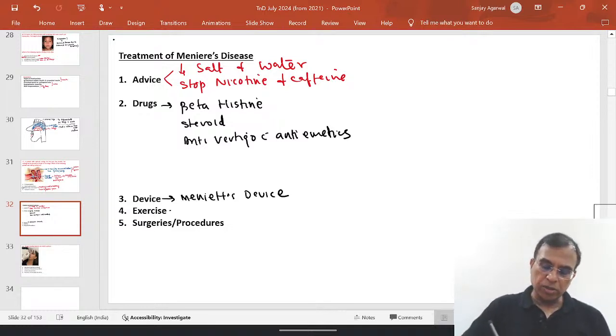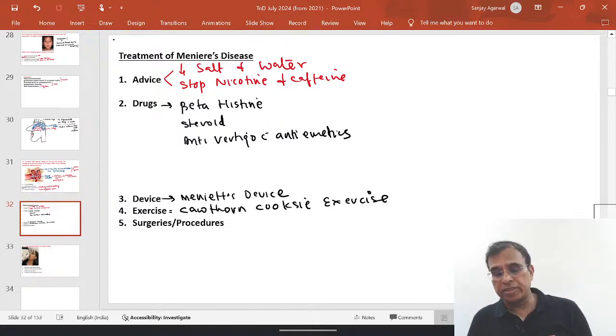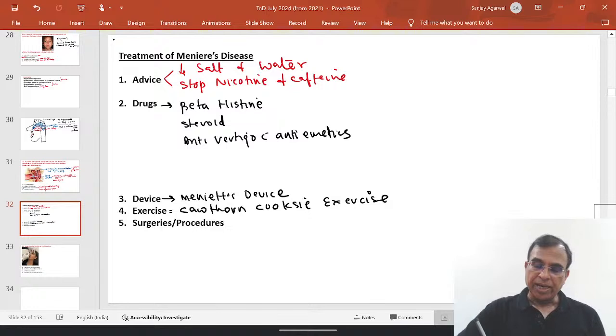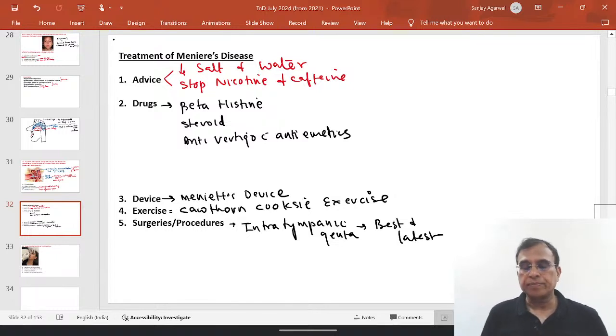The exercise called Cawthorne-Cooksey exercise. The name of the exercise that is done for Meniere's disease is called Cawthorne-Cooksey exercise. And many procedures, one of the procedures is this one, intratympanic gentamicin that we discussed. Intratympanic genta is the best and the latest treatment for Meniere's disease. Right. So these are the points about Meniere's disease treatment.